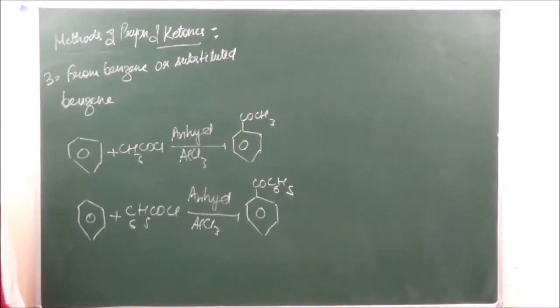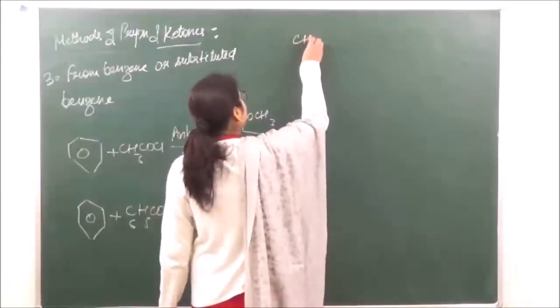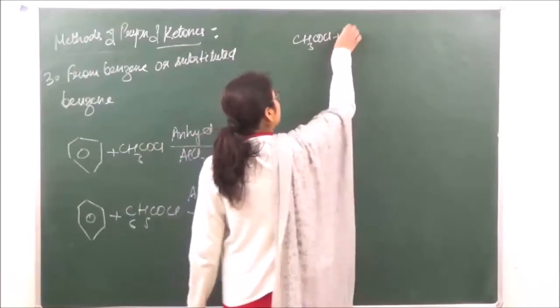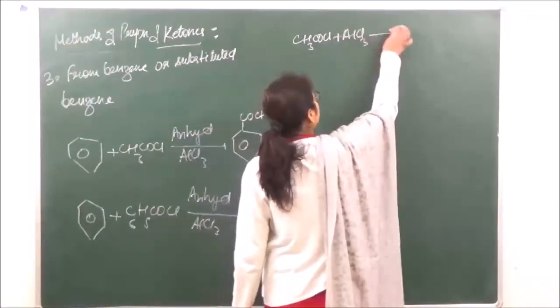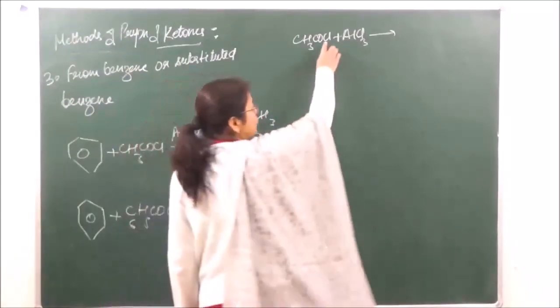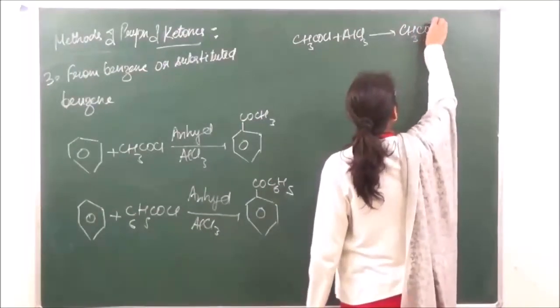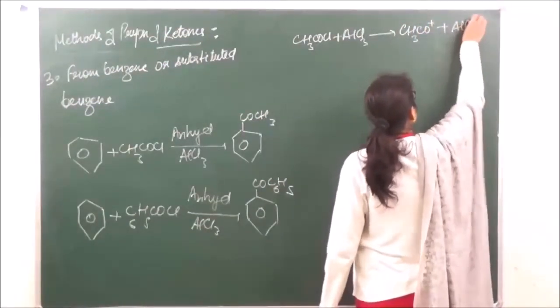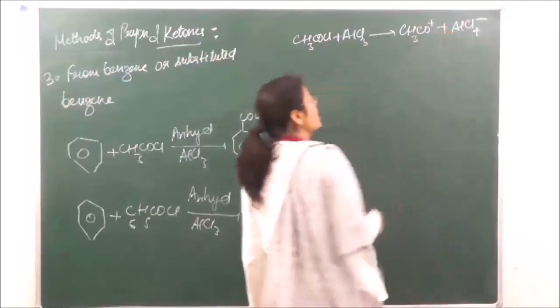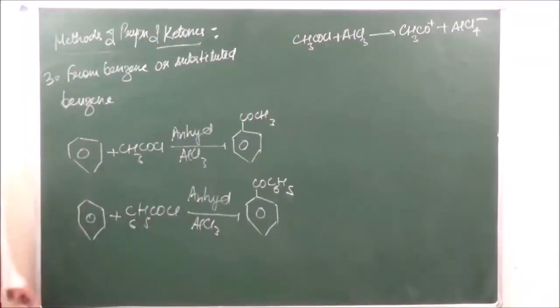Now basically this is going to be an electrophilic substitution reaction, and what is going to be the mechanism over here? If we are taking an acetyl group, reacting it with AlCl3, this is the halogen carrier. This has a tendency to extract the chlorine from here such as to give us CH3CO positive plus AlCl4 negative. It is this electrophile which will then go and attack at the benzene ring to give us acetophenone.